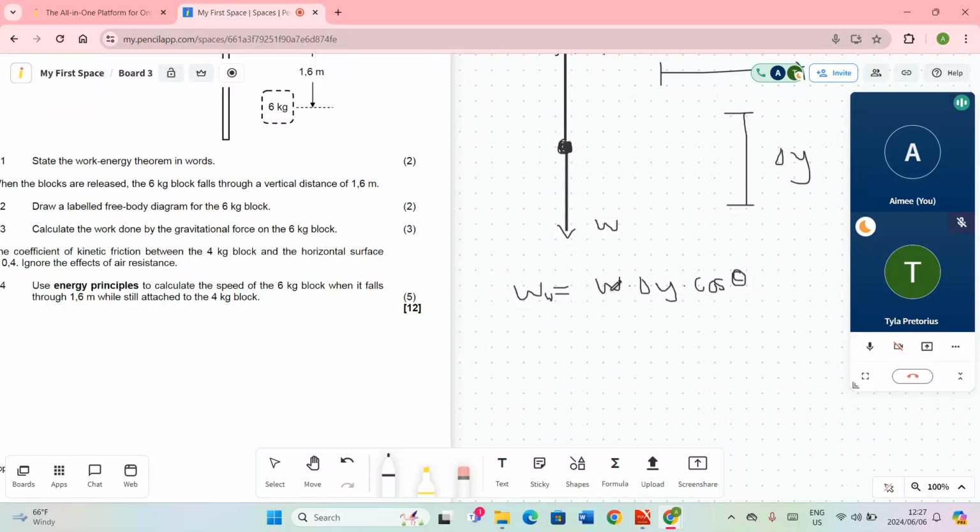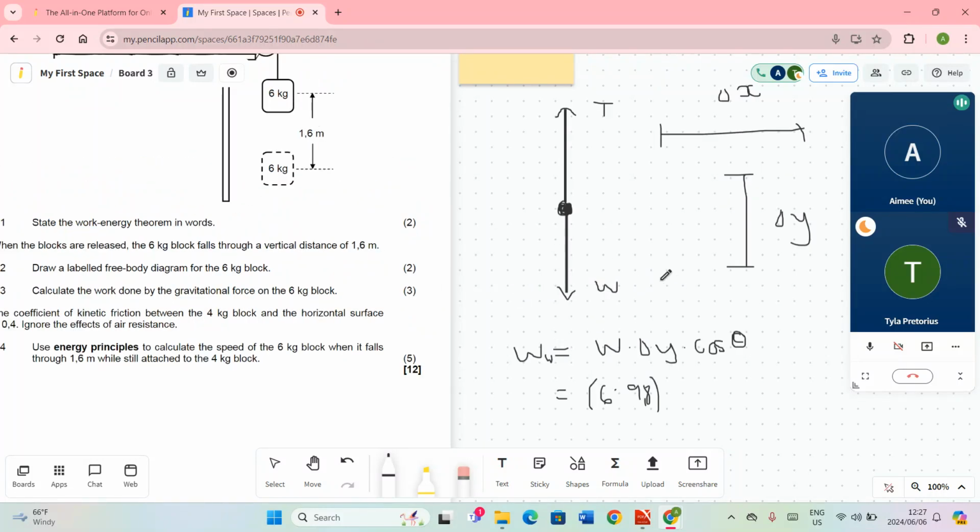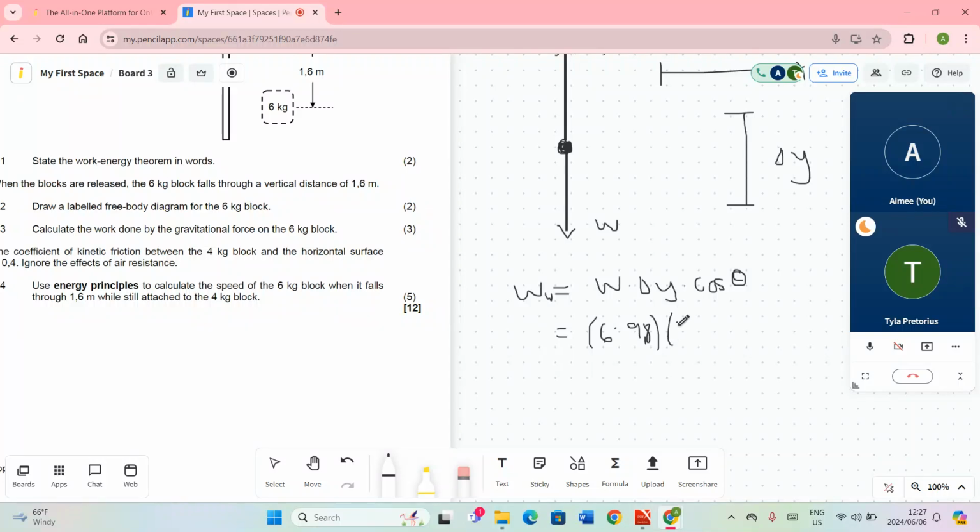Okay, so what is weight? Well, the mass of the object is 6, so weight is equal to our mass multiplied by 9.8 multiplied by our change in y, which is 1.6 meters. And then what is the angle between the direction that weight is moving the object in and the direction that the movement is actually happening?